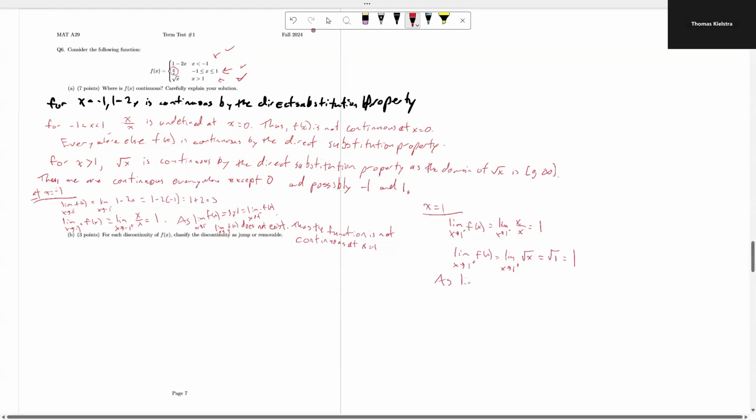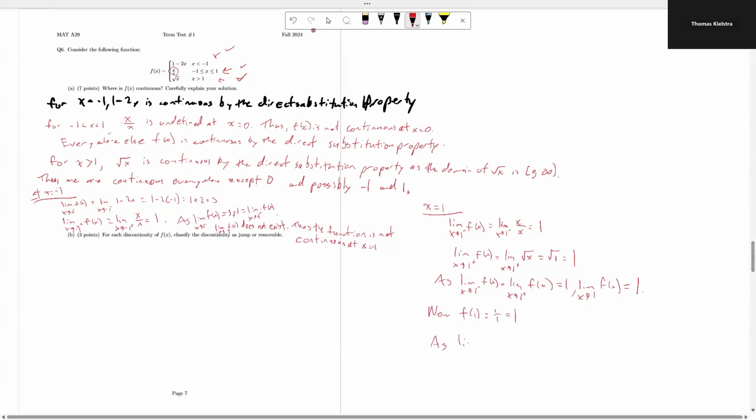As both one-sided limits equal 1, the limit as x approaches 1 of f of x equals 1. Now, f of 1 equals 1 over 1, which equals 1.